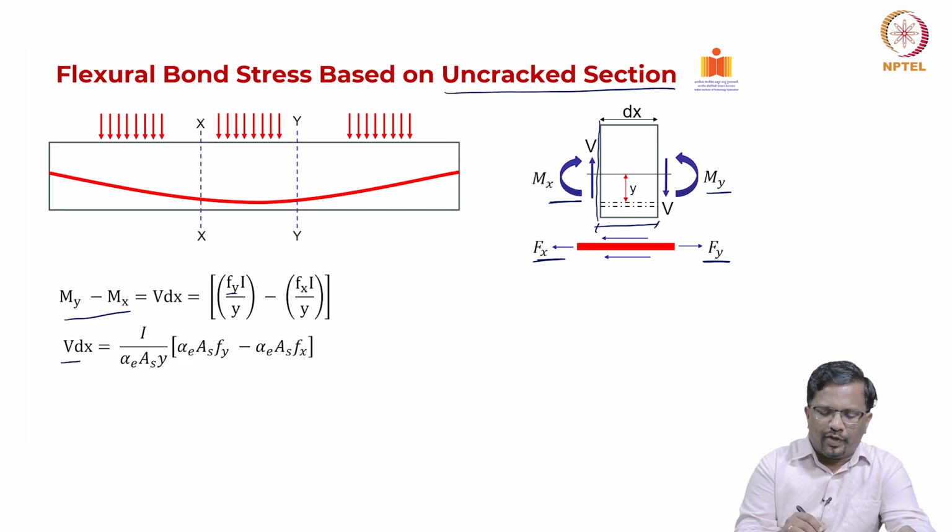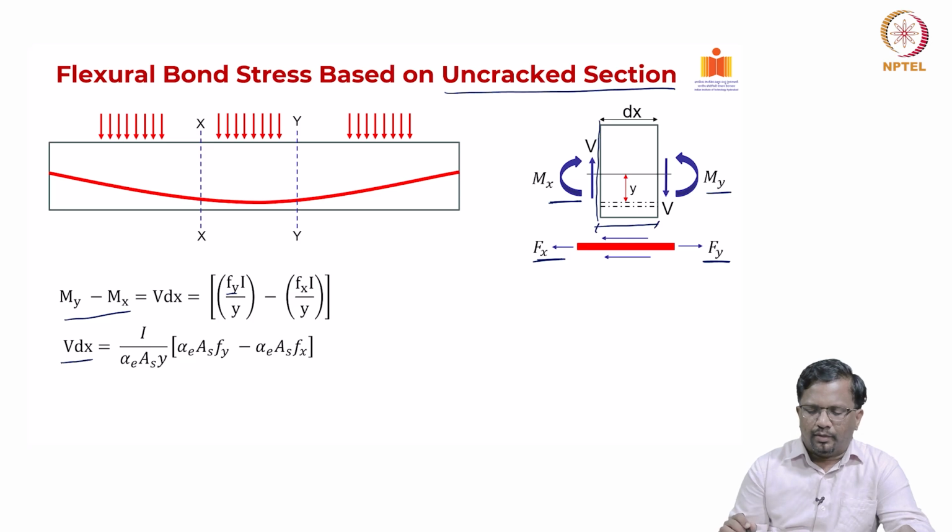Now, if you go back to V dx, if I multiply both sides by alpha e into As in both the denominator and numerator, you will find that if I take I by y out, then you will find alpha e into As into Fy minus alpha e into As into Fx.